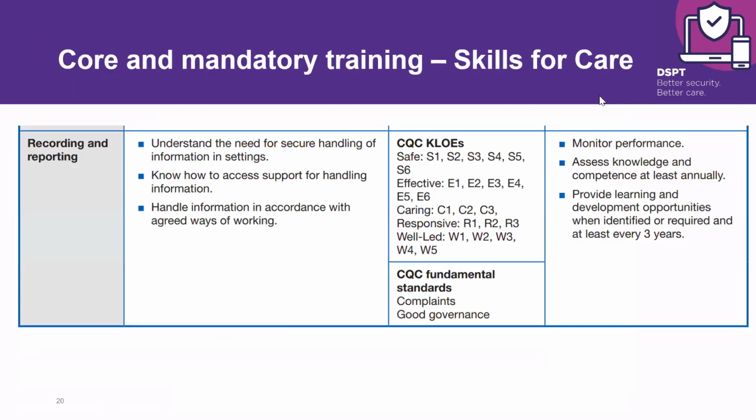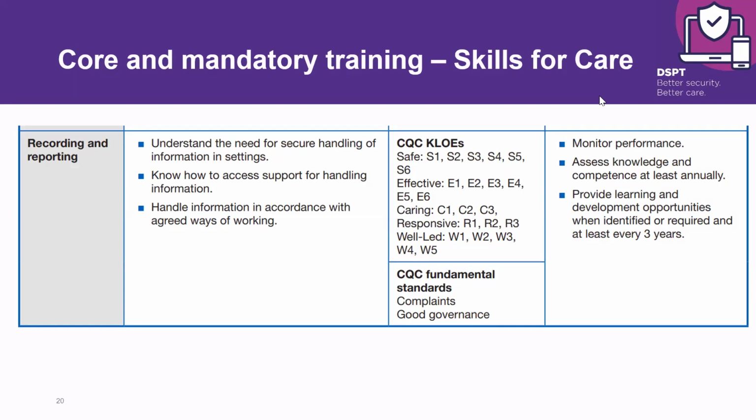And just in terms of confirming what I've been saying about the need for the mandatory training, within the guide from Skills for Care on core and mandatory training, in relation to the recording and reporting, it talks about understanding the need for secure handling of information in settings, knowing how to access support for handling information, and handling information in accordance with agreed ways of working.